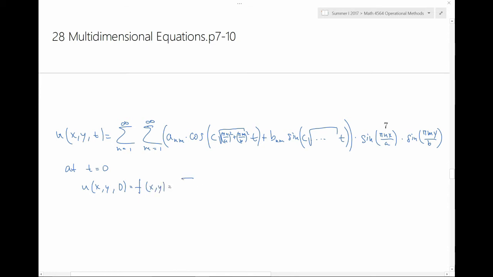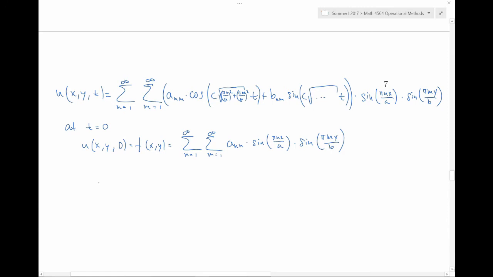And that should be the sum as n goes from 1 to infinity and m goes from 1 to infinity of, plug in t equals 0, and you quickly see that sine disappears. It's just a n m times cosine 0, which is 1, so it's going to be just sine of pi n x over a times sine pi m y over b.